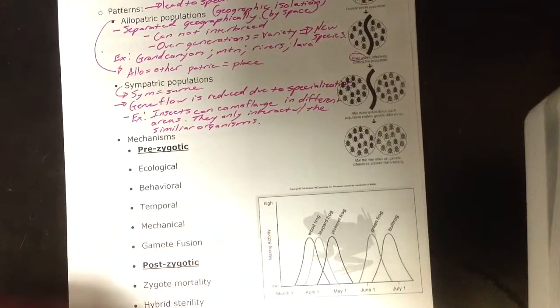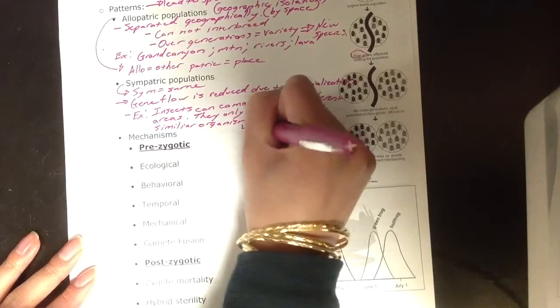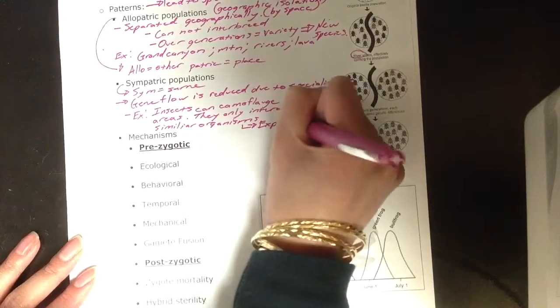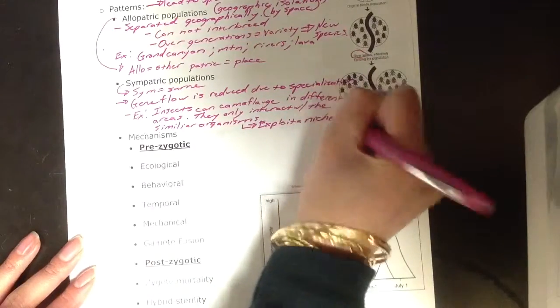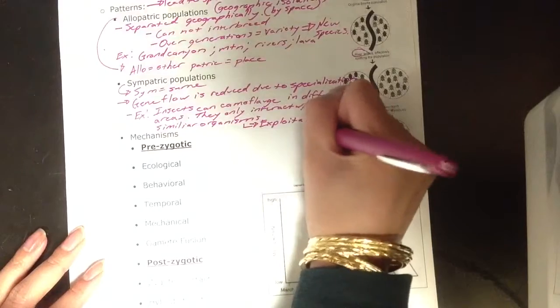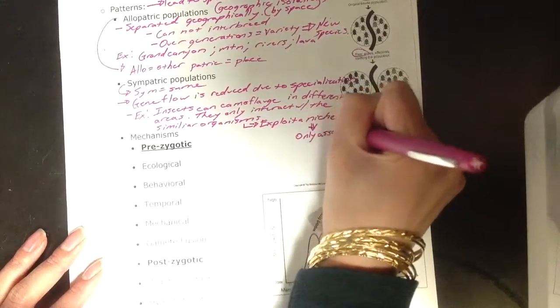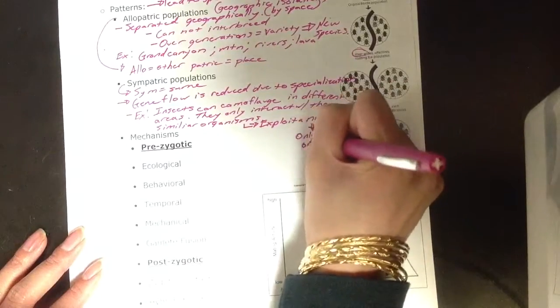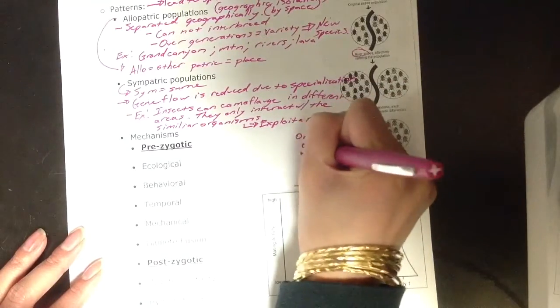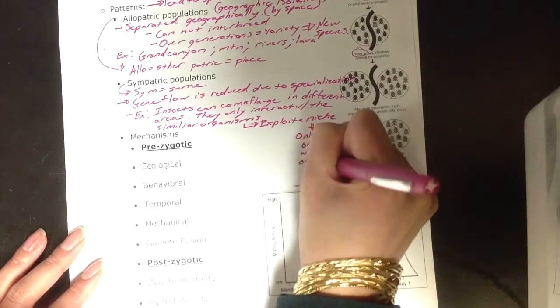So you're just really exploiting, sometimes you'll hear this called exploiting niches. A niche is a job, a place in the ecosystem, and this is going to lead to you only associating or mating with similar organisms within that same location, okay?